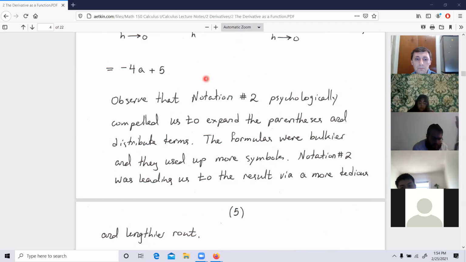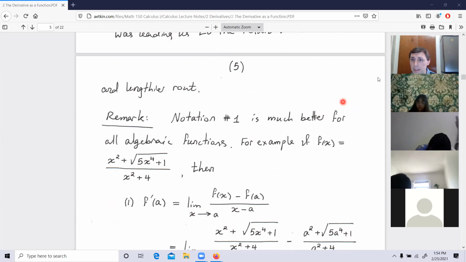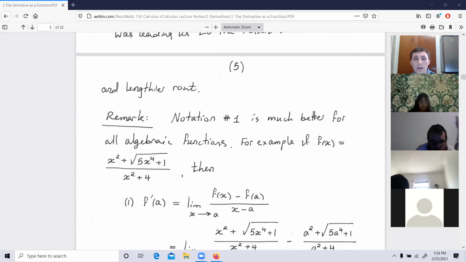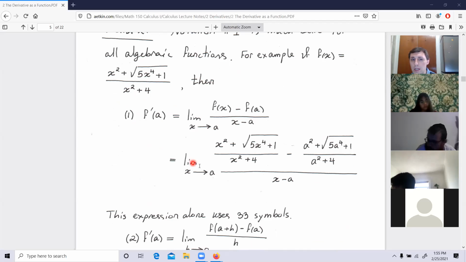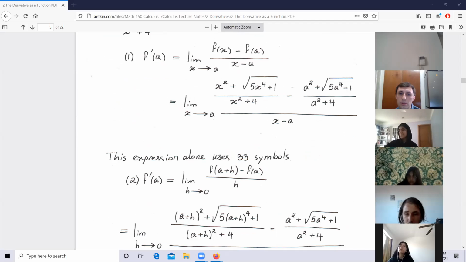So let me show you what happens without even bothering to carry out the calculation. Just see how many symbols we obtain when we use notation 1 with this function. Just by writing it once, I had written 33 symbols.